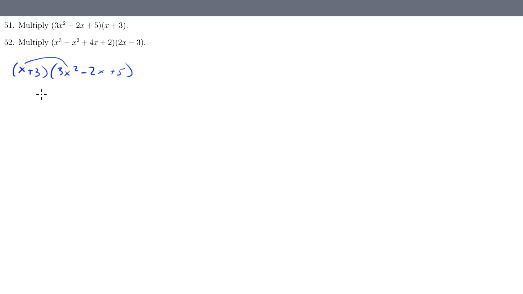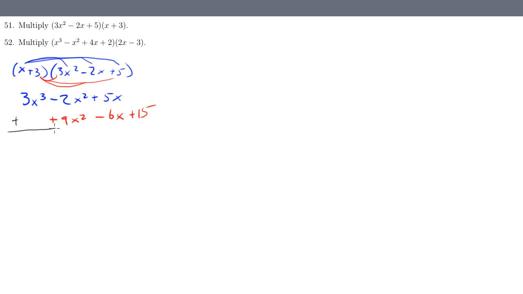I want to do it this way, so we'll get 3x cubed minus 2x squared plus 5x, and then 9x squared minus 6x plus 15, and then we add these together and we'll get 3x cubed plus 7x squared minus x plus 15. Okay. We're going to do the same thing all over again with the next one.